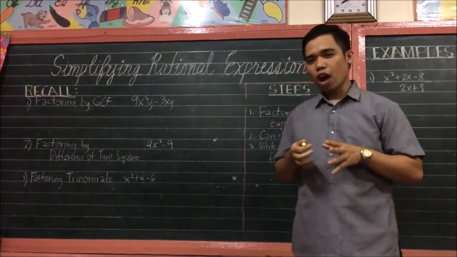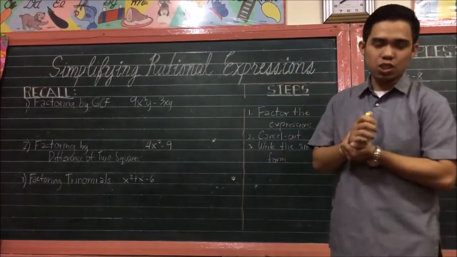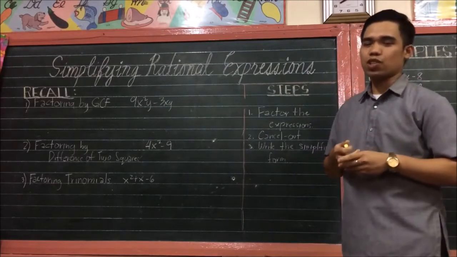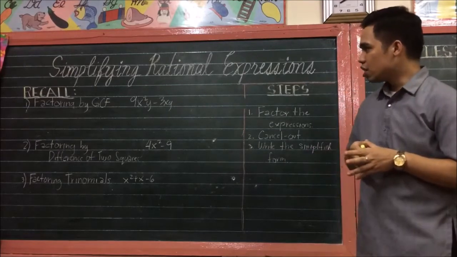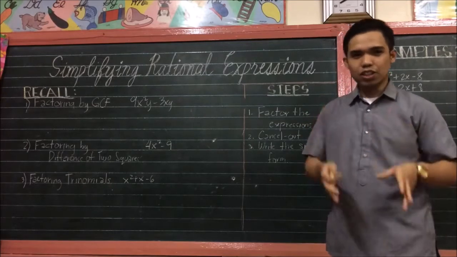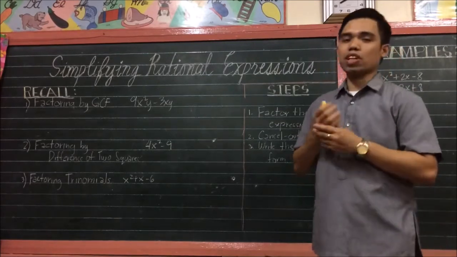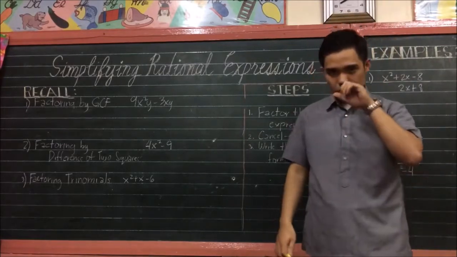How about if I'm going to give you a rational expression that is still to be simplified? How are we going to simplify rational expressions? In order to do that, we need the skill of factoring algebraic expressions. We need to remember how to factor algebraic expressions.